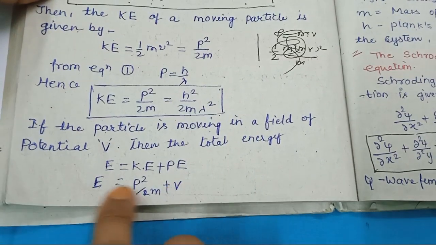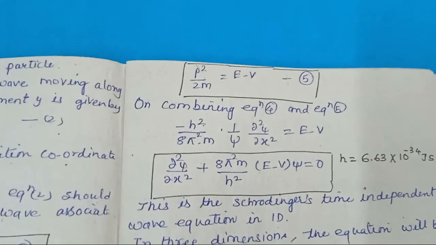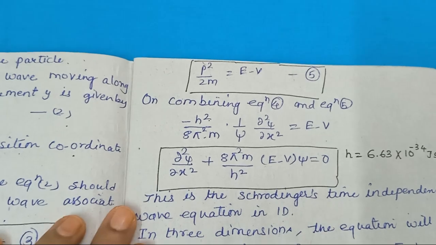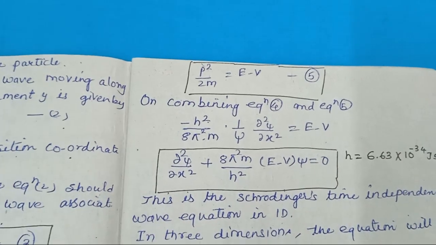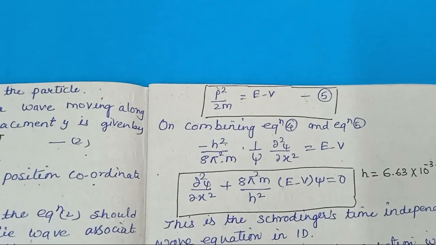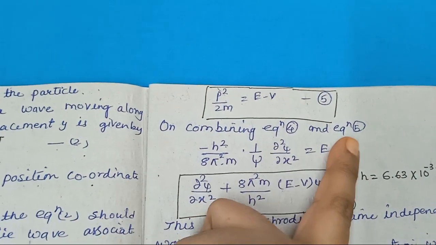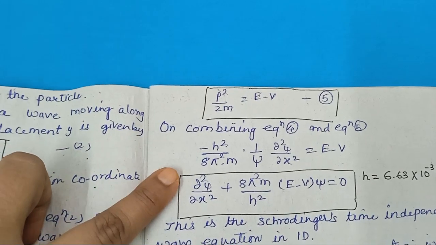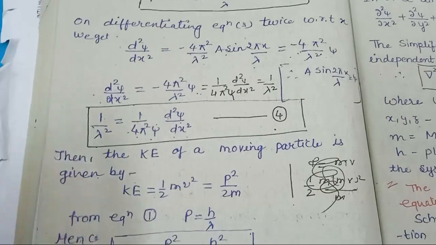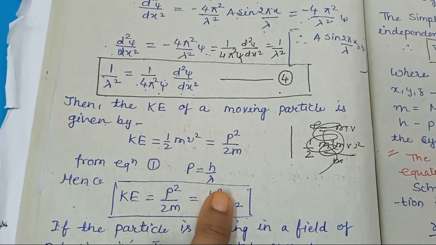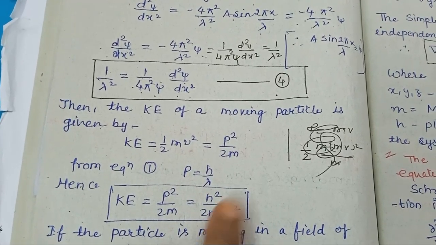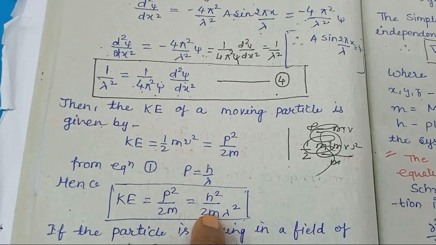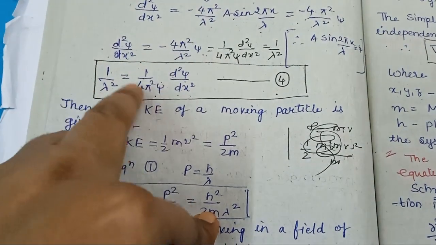Now, by combining equation number 4 and equation number 5, we can write the value of 1 upon lambda square, keeping h square upon 2m as it is and putting in this value.